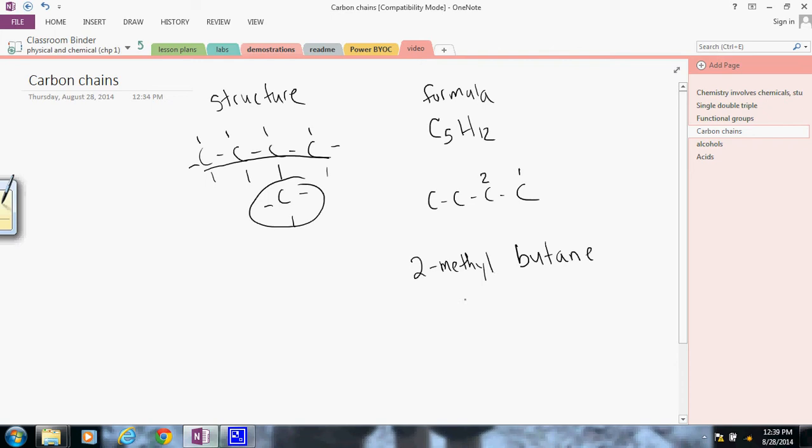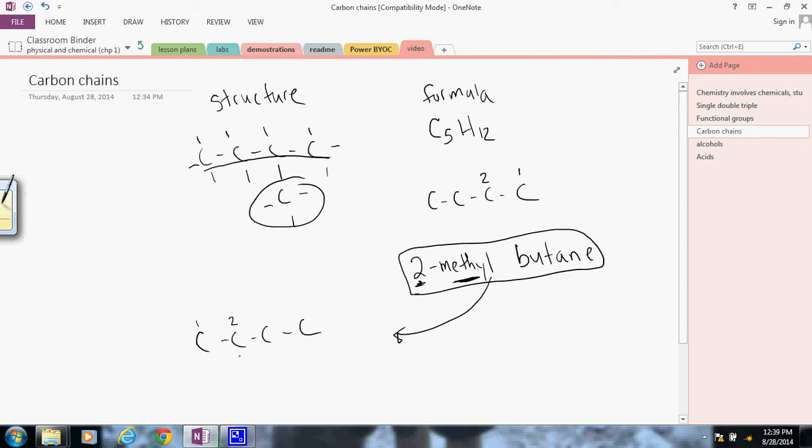If I wanted to convert this back, I would say my longest chain is butane, 1, 2, 3, 4, and on my second carbon, I have a single carbon group. I can count from either side, 1, 2, and I could put the group on the bottom or on top.